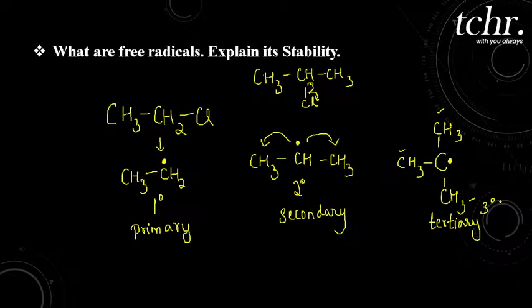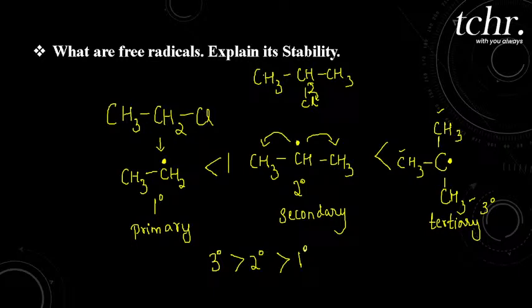Tertiary is more stable than secondary, and secondary is more stable than primary. When asked to explain the stability, you write the primary, secondary and tertiary structures of free radicals in increasing order of stability.